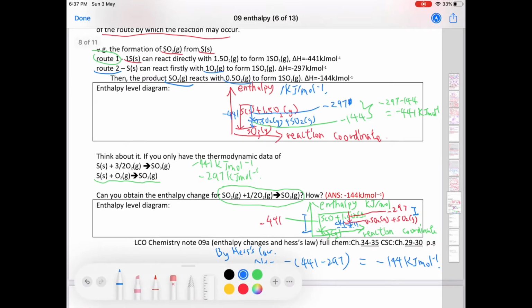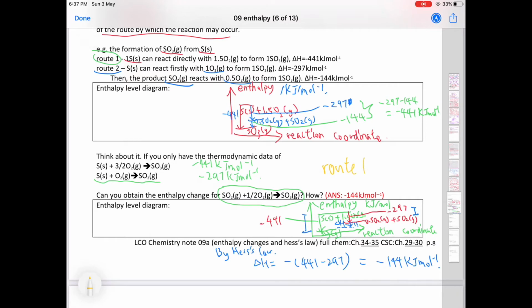Or another approach is that you can separate the whole procedure into route 1 and route 2. Route 1 is that we undergo the direct reaction. And then route 2 is that we start from the initial state and go up one time to 1 sulfur and then 1.5 O2, and then fall back to the final product SO3.